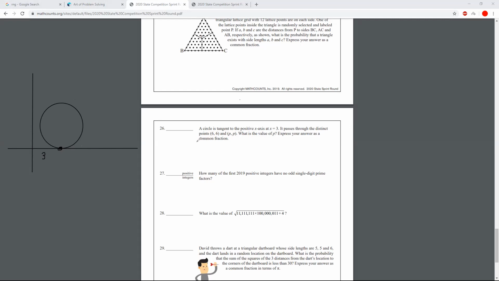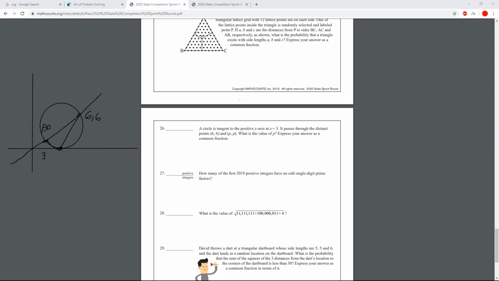And then it's telling us that it passes through the distinct points 6, 6 and p, p. So if we draw this line of x equals y, it passes through 6, 6. And then it also passes through p, p. Let's just draw these lines to look good.